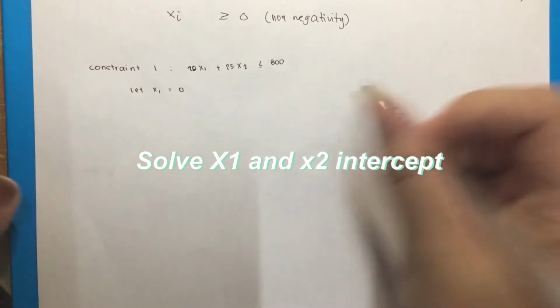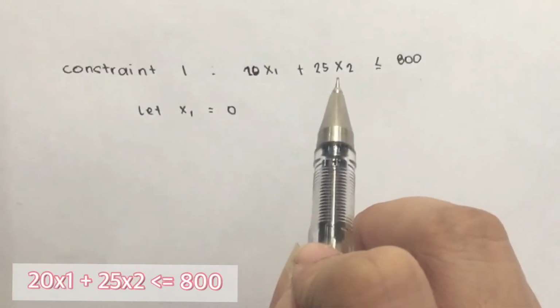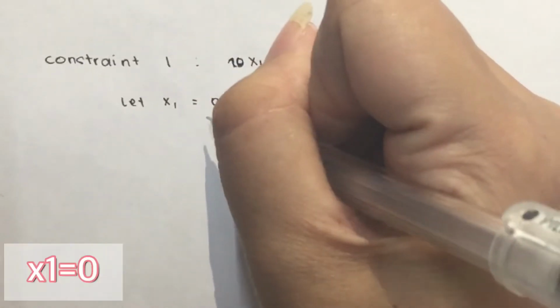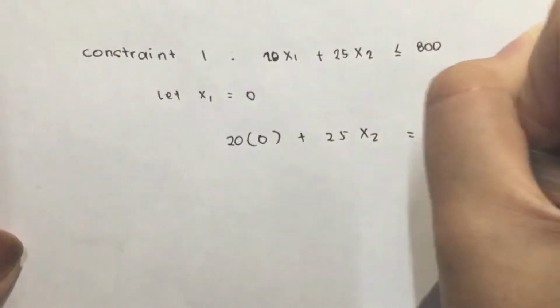In order to get the coordinates of constraints 1, 2, and 3, we will solve first the x1 and x2 intercepts. So for constraint 1, we have 20x1 plus 25x2 less than or equal to 800. Let x1 equal 0. So 20(0) plus 25x2 is equal to 800.